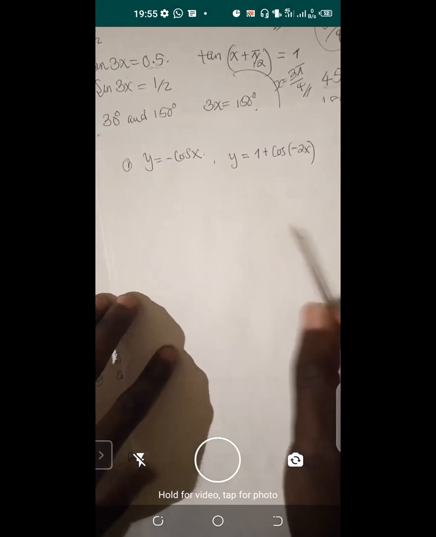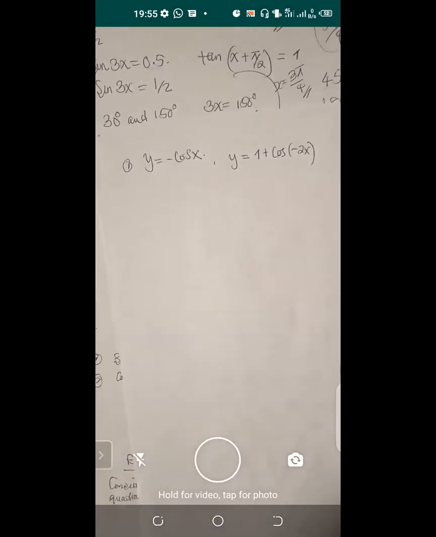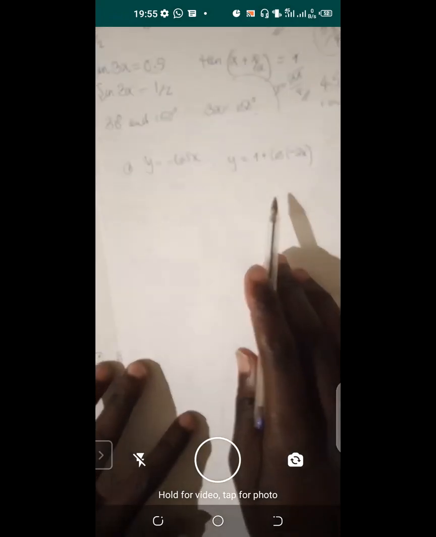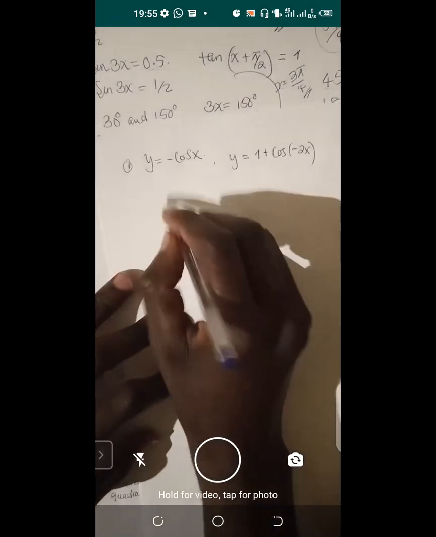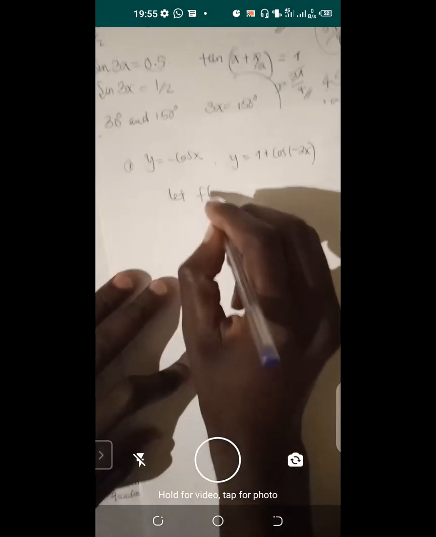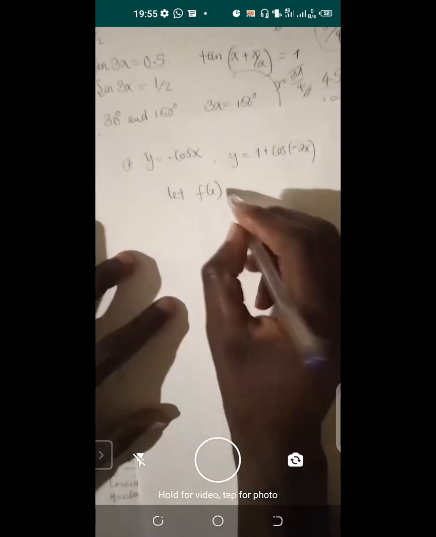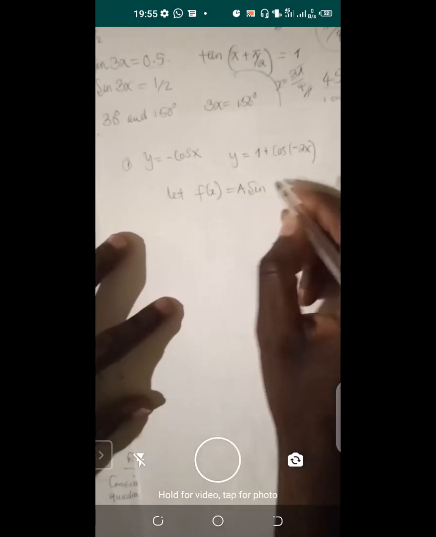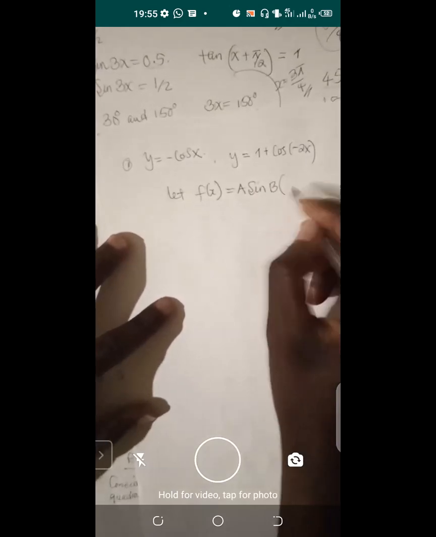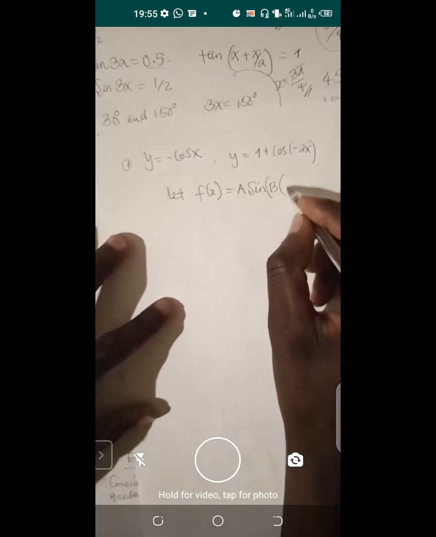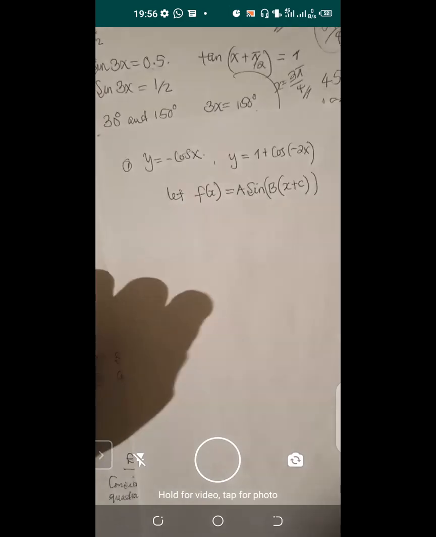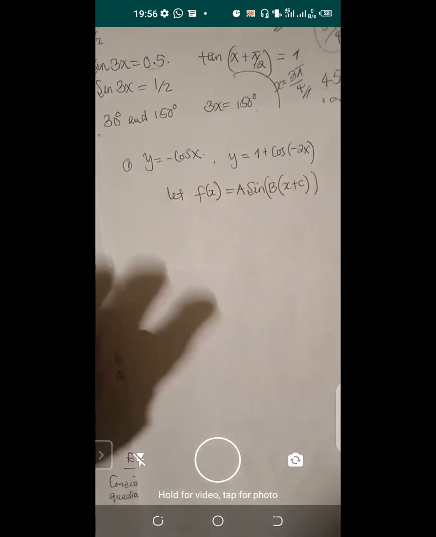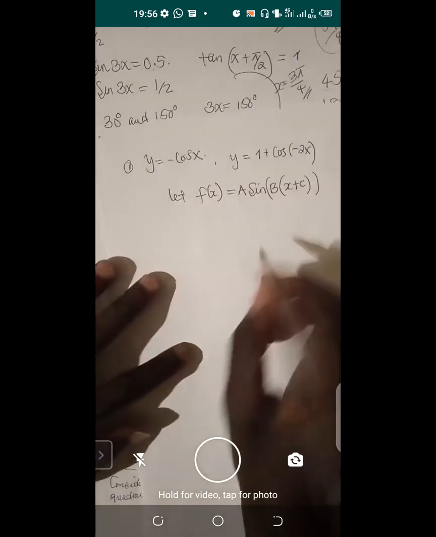All right. So you have y is equal to cos x, and y is equal to 1 plus cos of minus 2x. So before we go there, we can say let f of x equal a sine of B x plus C. Then we can bring out the following.